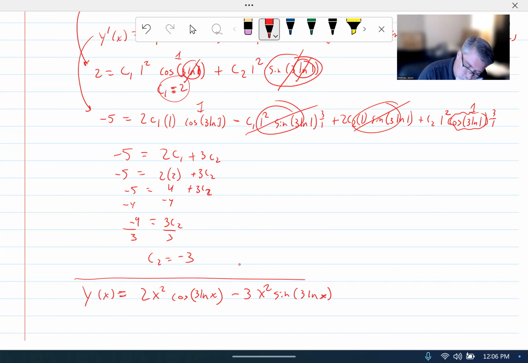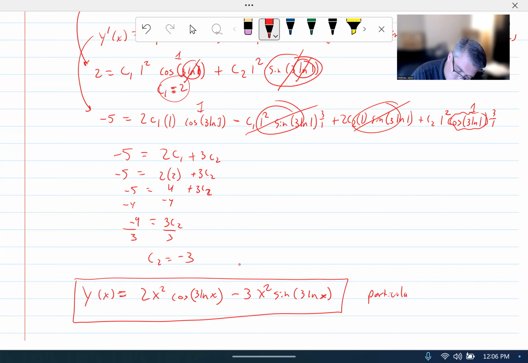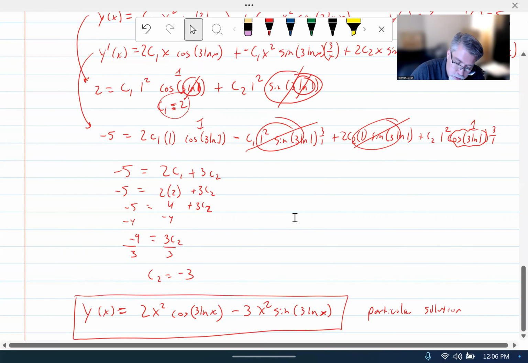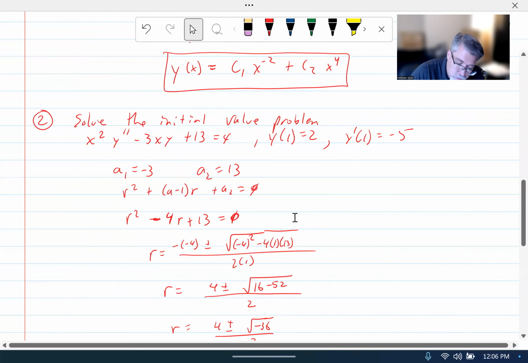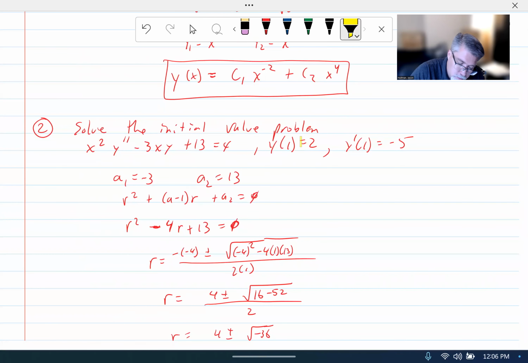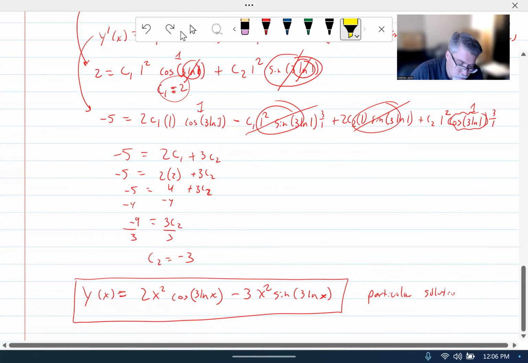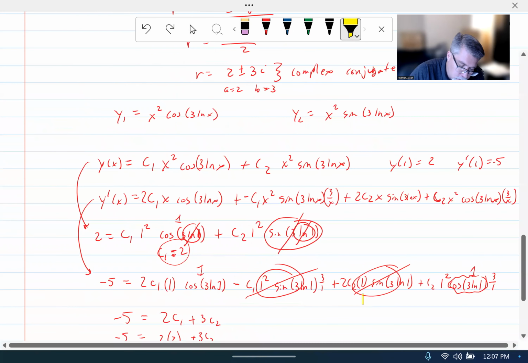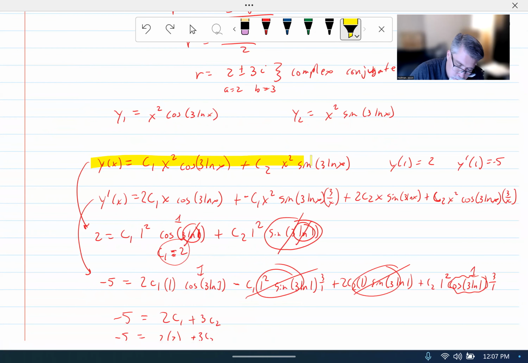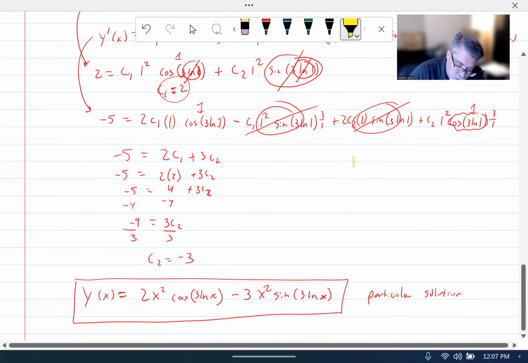And that's my solution. That's a particular solution for those initial conditions. We have our general solution here, and we have our particular solution here.